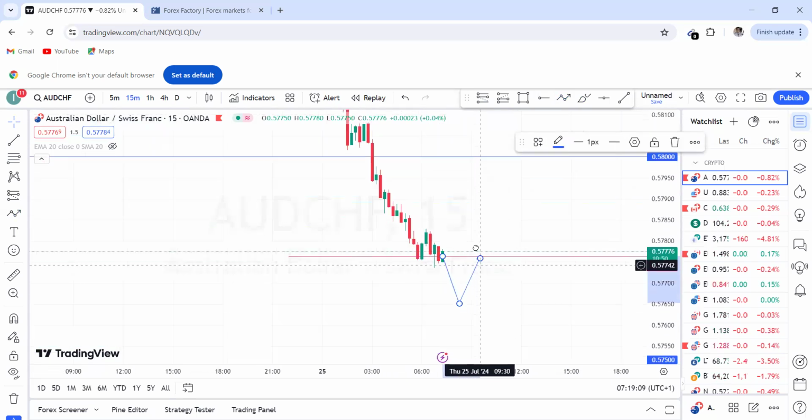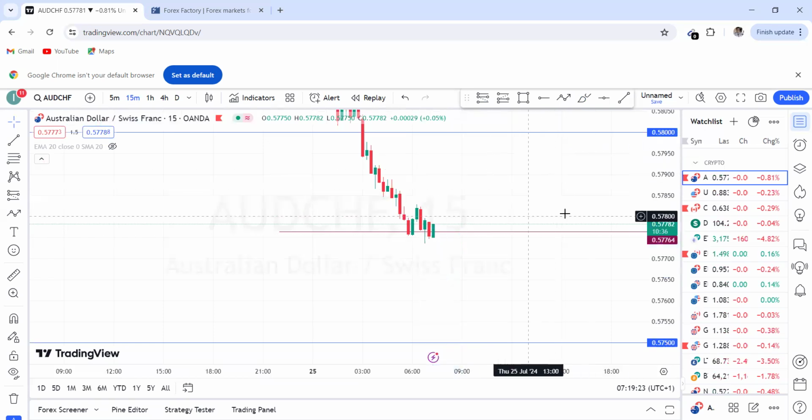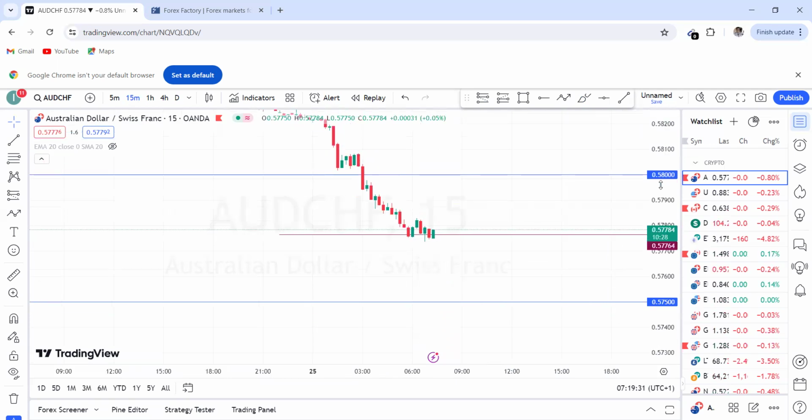For me to join this trade, I have to see a bearish candle where only the wick touches this line here, to signal me that the bears are still active in this market, regardless of it looking oversold. So that's what I'll be looking at on this pair.